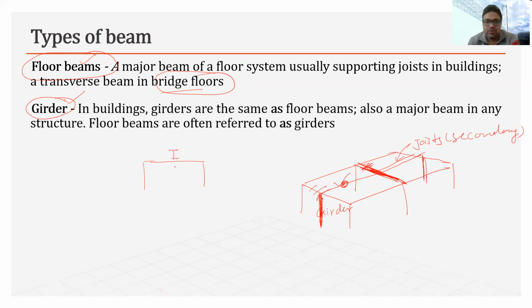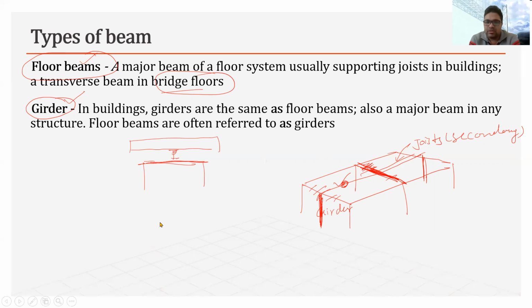So the floor system will be like this. The floor is first resting on this beam, and this beam may be supported on the side beams, like this one or this one.